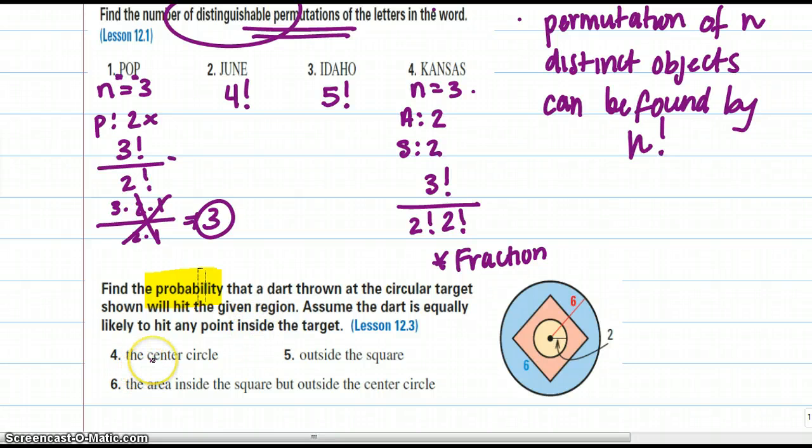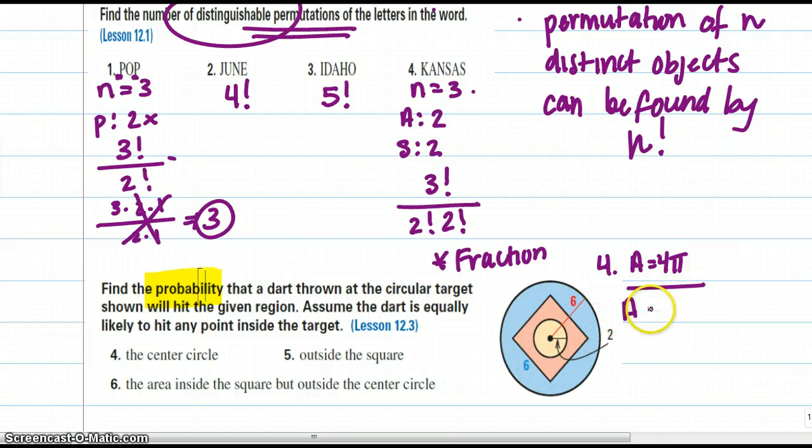So the center circle. The first thing I need to do is find the area of that center circle. If my radius is 2, my area is 4 pi, right? 2 squared is 4, and the area is pi r squared. Well, that's the area of the circle. If I'm trying to find the probability that it hits the center circle, I need to find the entire area to go on the bottom of my fraction.